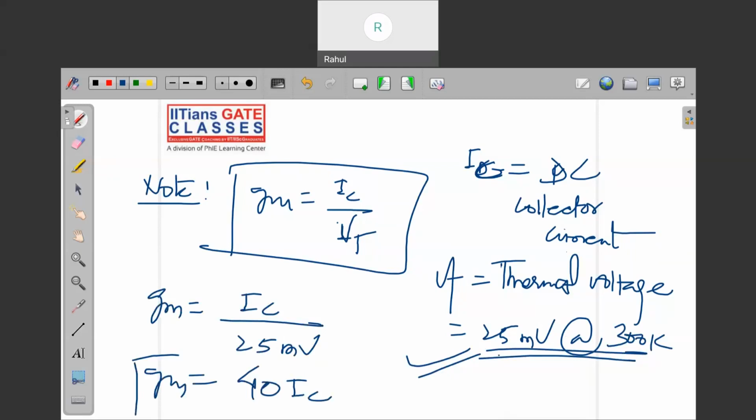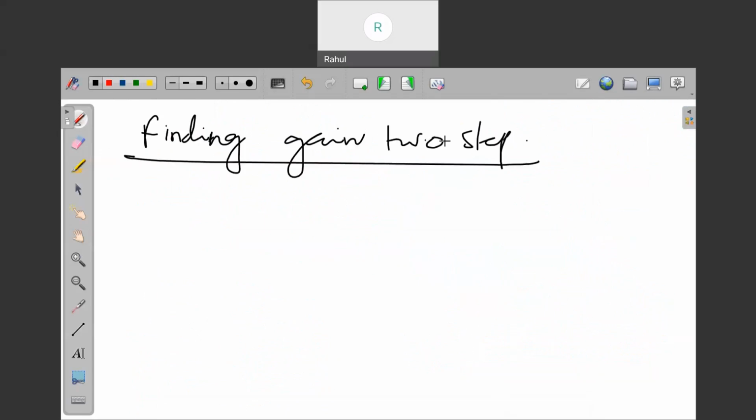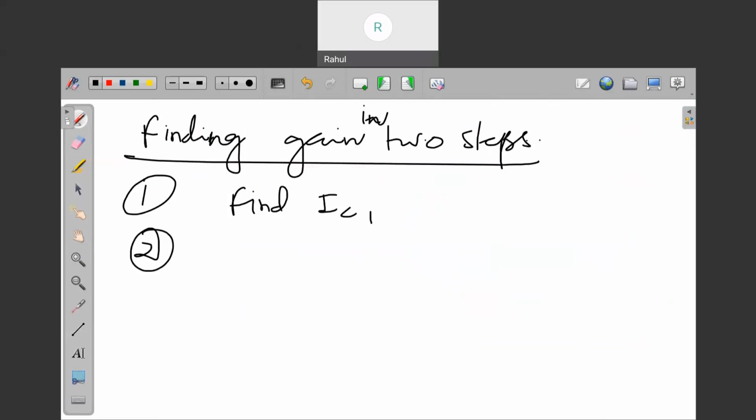So finding gain is a two-step process in the case of a BJT. First, find IC, the DC collector current, from the DC analysis.